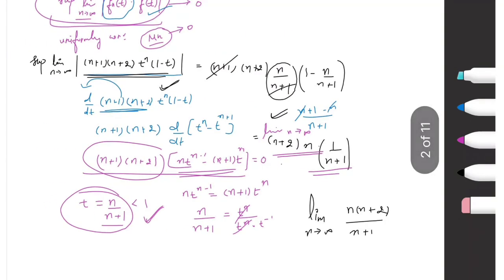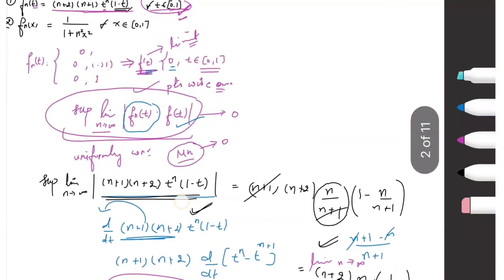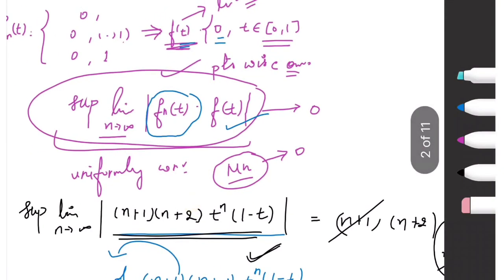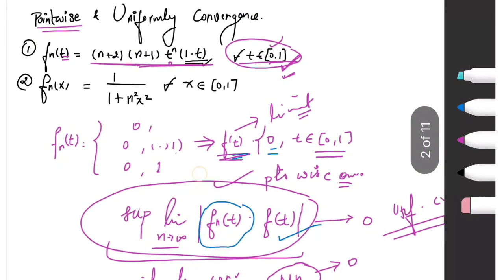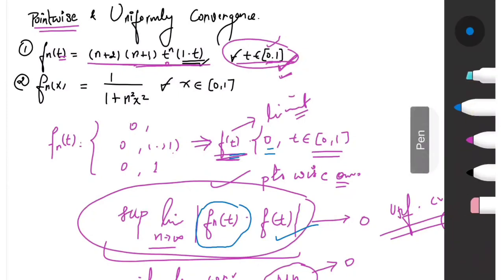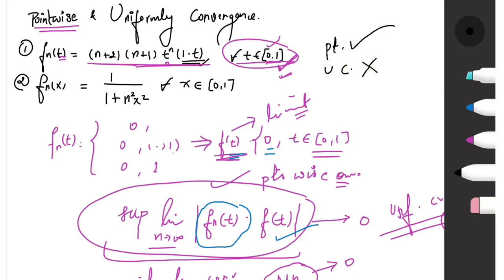We are not getting 0, so Mn does not approach 0, and we will say that this function is not uniformly convergent. So in the first example it is pointwise convergent but not uniformly convergent in this particular interval.